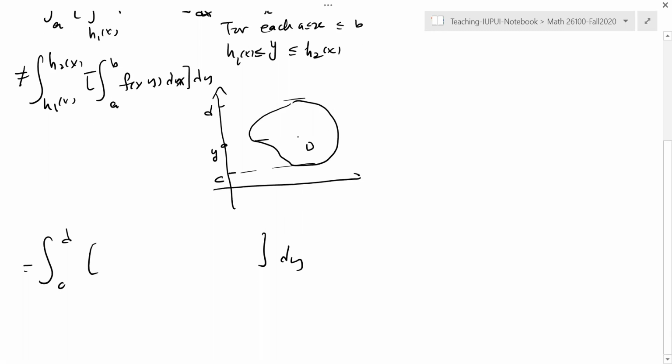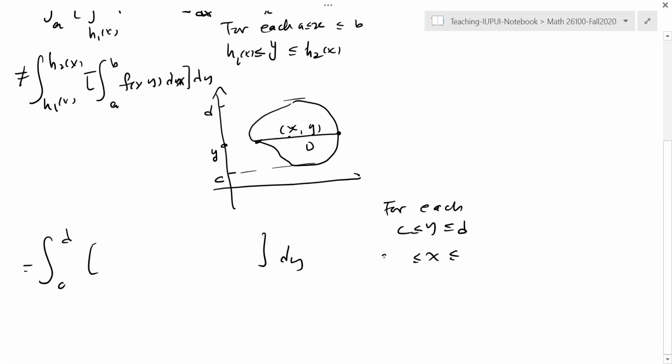So you draw a horizontal line. Along this line, y is fixed, but x is not fixed. So for each y between c and d, you get a lower bound for x and an upper bound for x.